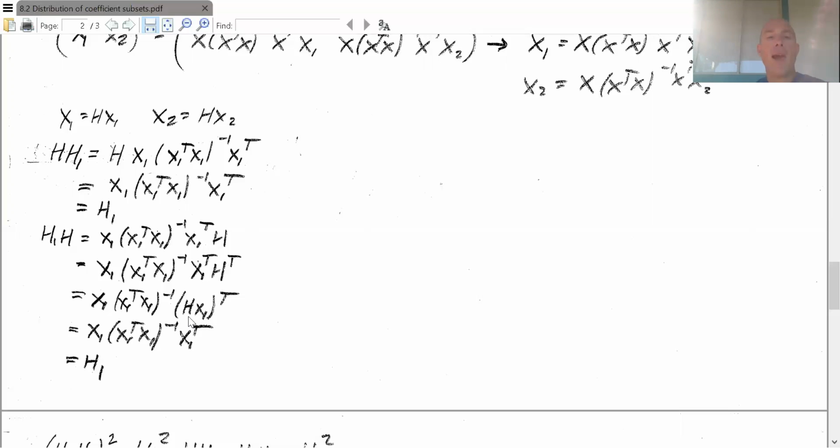Boom, I get this, H times X1. Well, we just worked something out. This is X1, so that tells me that I have X1 here transpose, and hey, that is the reduced hat matrix. Boom, we got this. So it doesn't matter which order the multiplication is, H times reduced H is going to be reduced H every single time.